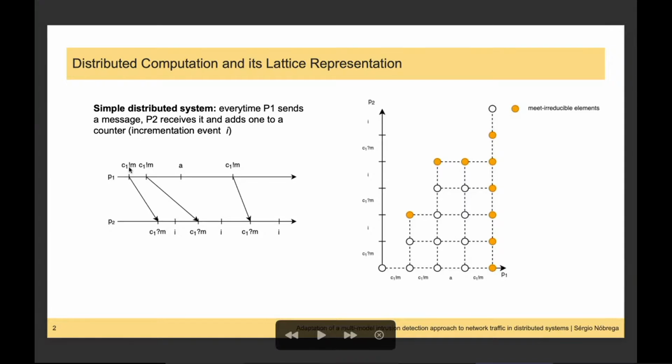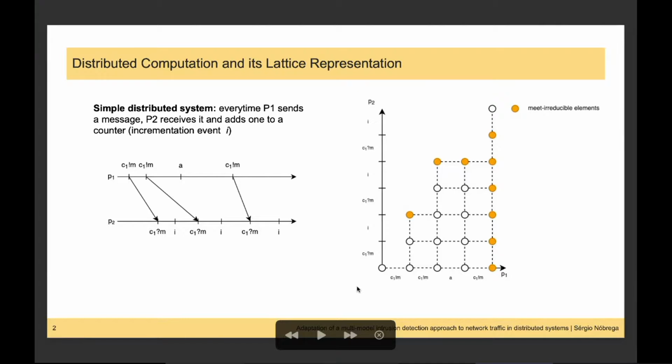So for example, here we can see that these two events, the sending of the message M on C1, happened before the first message was received, but it could also be that P2 received the message before the sending. So it's a bit arbitrary, and that's why it makes it interesting, because we can create these structures, as you can see on the right, which are called lattices.